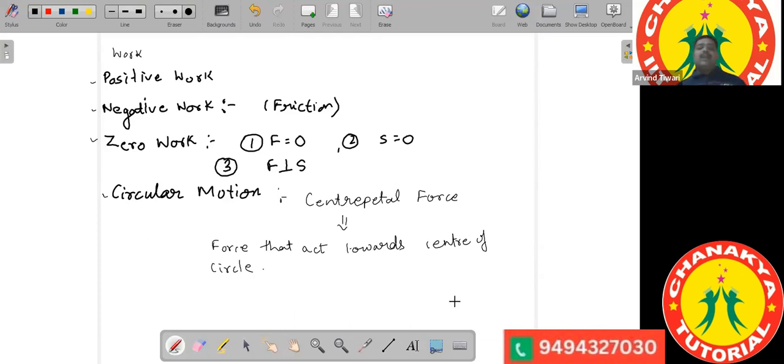Now, similarly, we have just studied in the previous chapter about the structure of atom, right? When we discussed the structure of atom, one thing was discovered: the nucleus is at the center of the atom, and the electrons revolve around the nucleus.